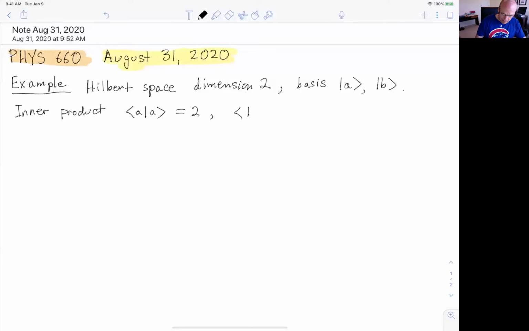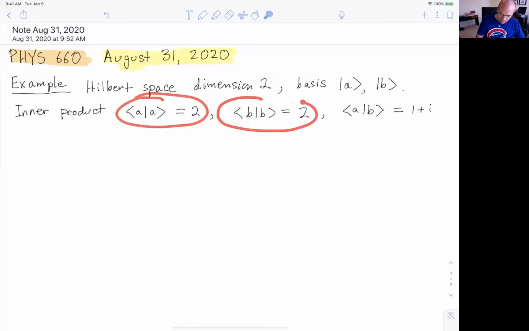And the inner product of B with itself is 2. And the inner product of A with B, written in that form, is going to be 1 plus i. Remember, the inner product can be a complex number, but the inner product of something with itself, like here, has to be a real number.